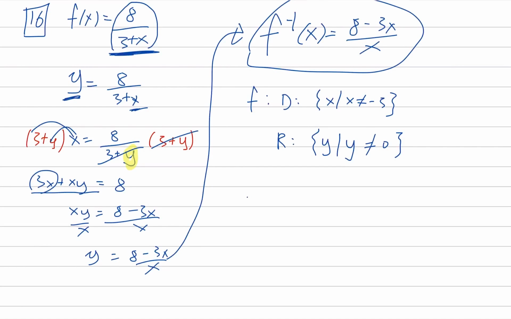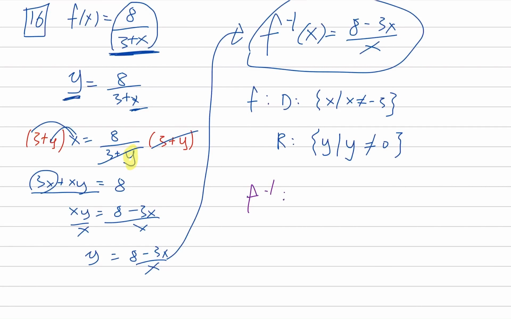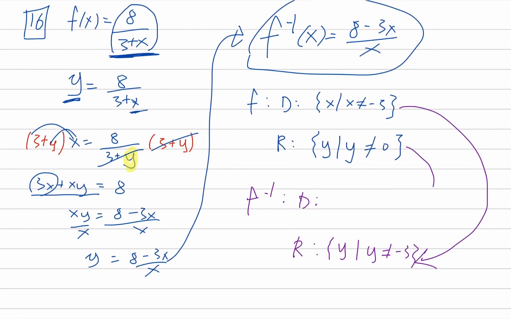Now for f inverse, though, all we do is just flip the domain and range. So this domain will be the range for this function, except that we have to write it in y. And this will be the domain. And you know what? When we check it, it will also make sense.